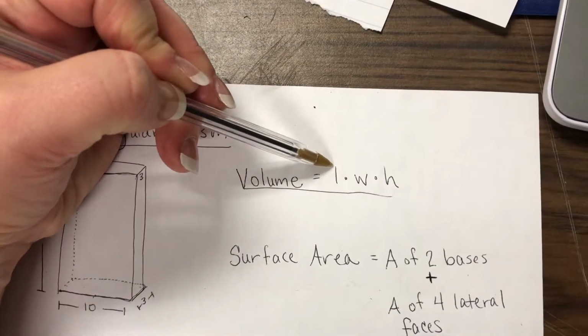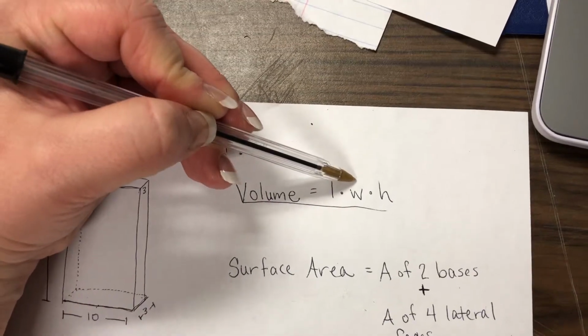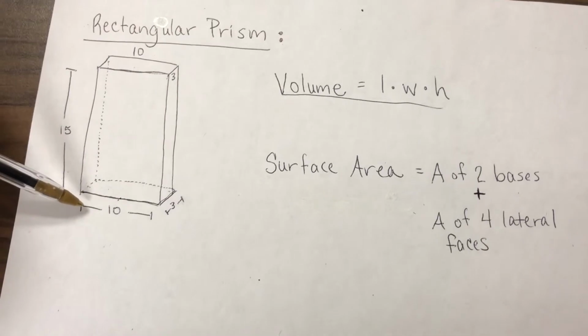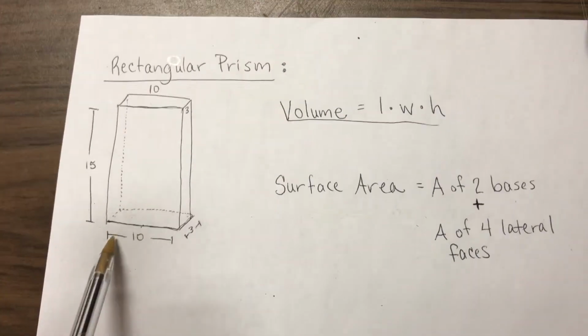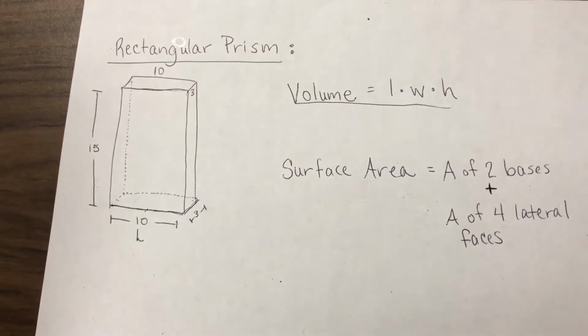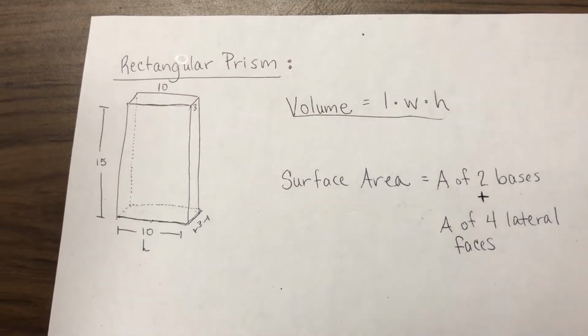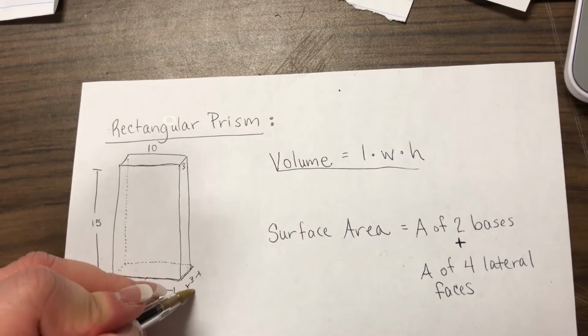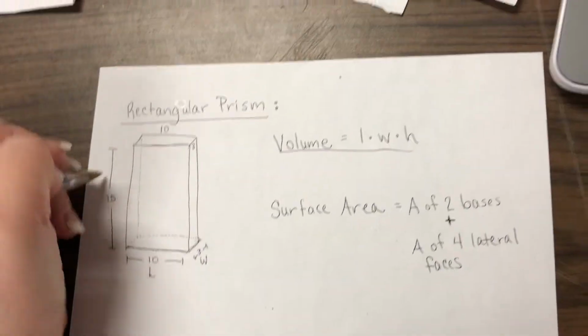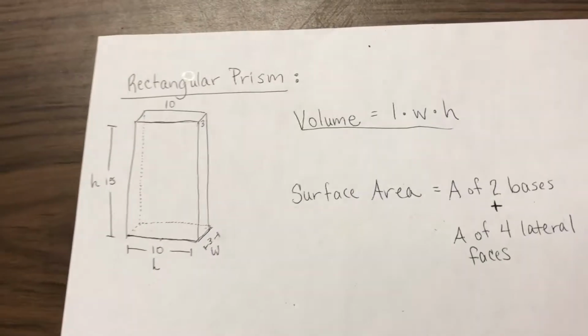It is length times the width times the height. You are going to be given those measurements. So here, I would say that my length of my rectangular prism is 10 units. My width of this rectangular prism is 3 units. And the height is 15 units.